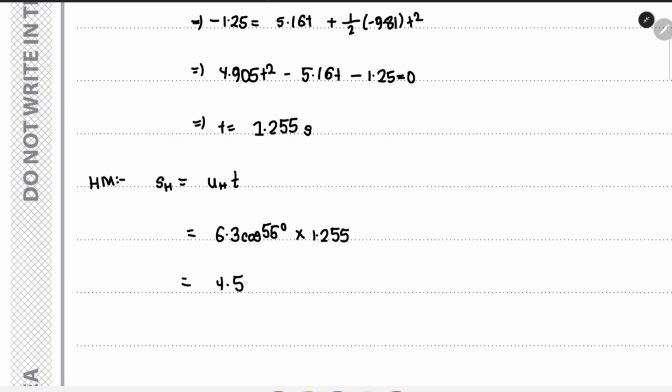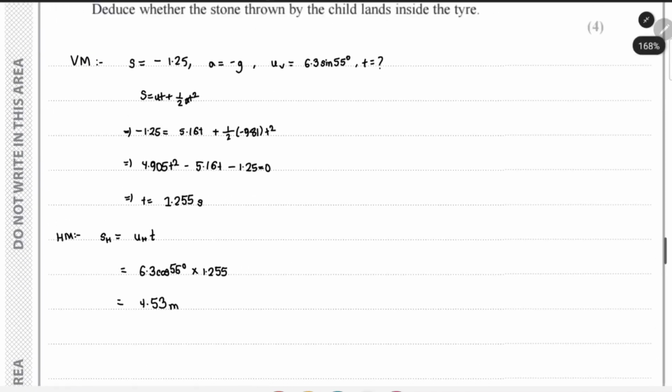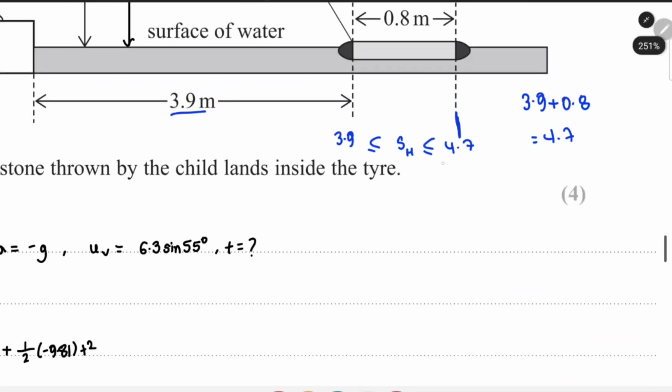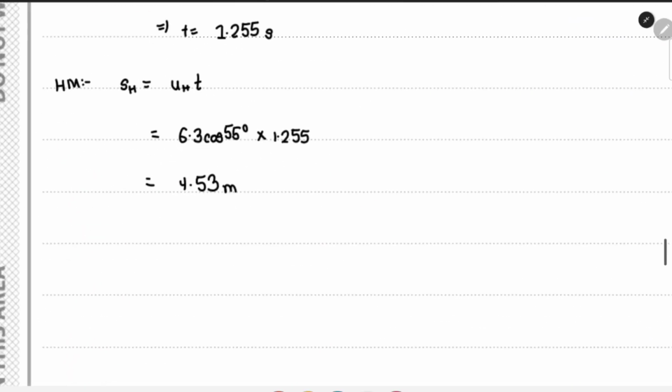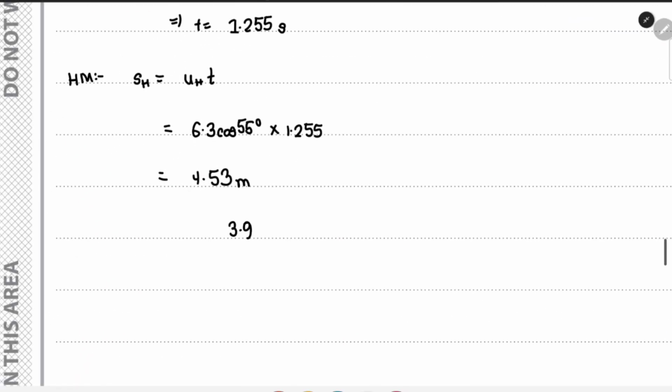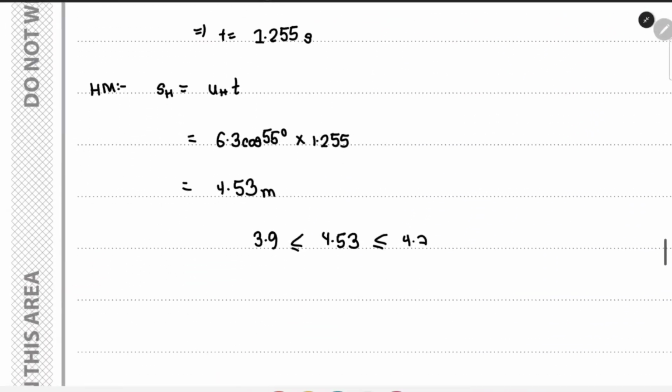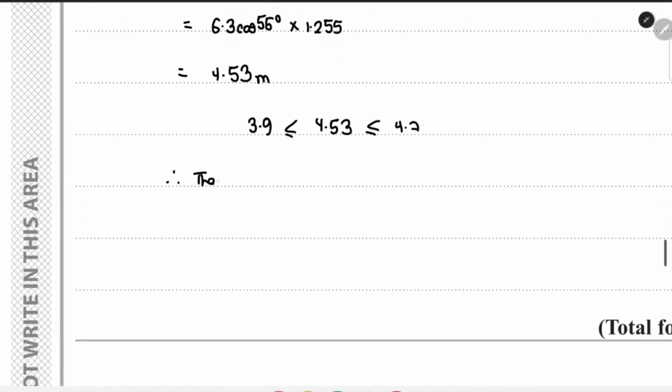We get 4.53 meters. And if you check over here, it's less than 4.7 and more than 3.9. So I'll just write this inequality over here. Therefore, the stone lands in the tire.